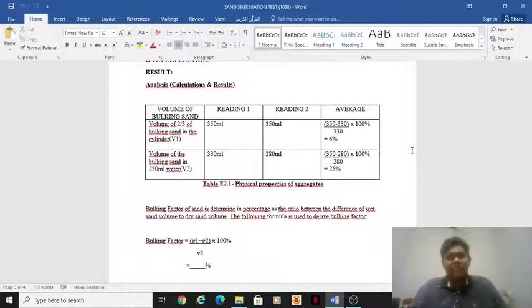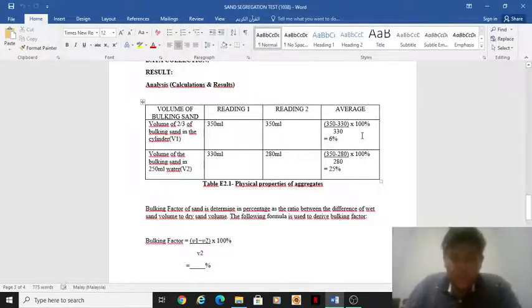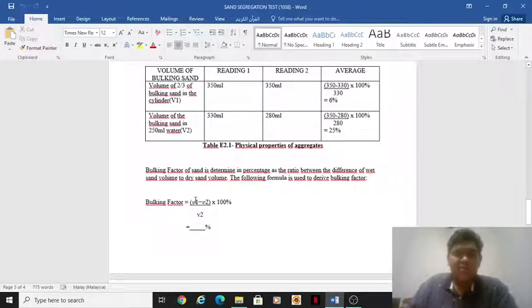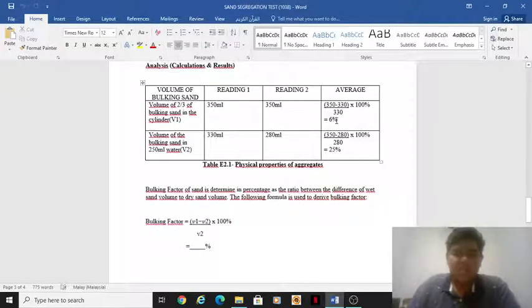For the first one I get 6%. I take V1 minus V2, divided by V2, times 100%, that is (V1 minus V2) over V2 times 100%. So I get 6% for the first reading.